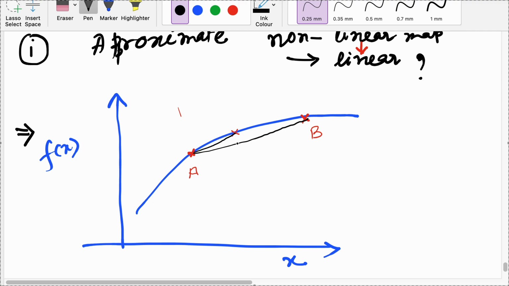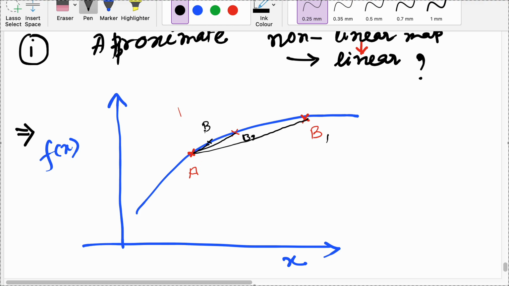So you see, as I decrease the distance between A and B, suppose this is B1, suppose this is B2, the straight line between A and B2 will closely look like the map. If I decrease further, you will see that it is more closely mimicking the non-linear map.